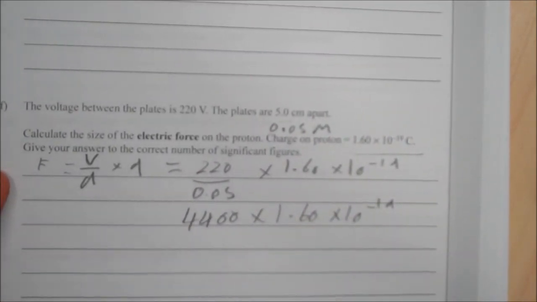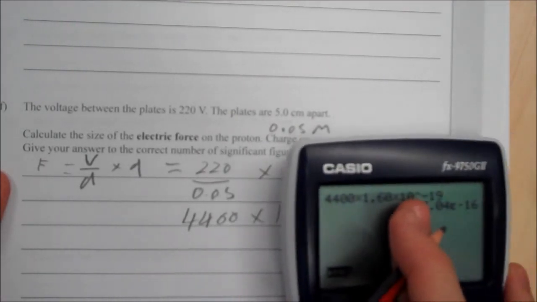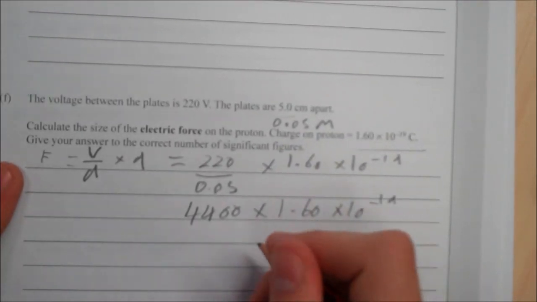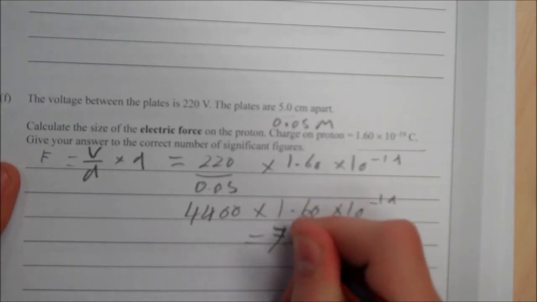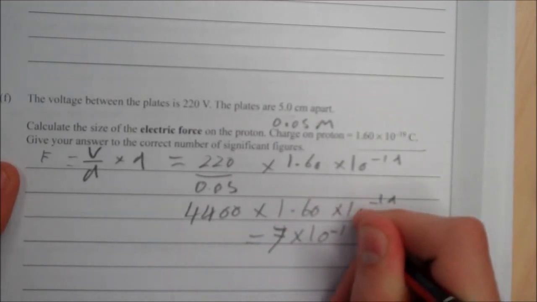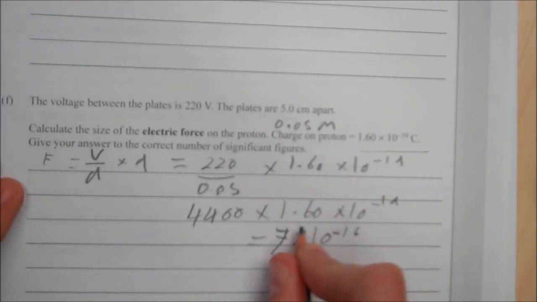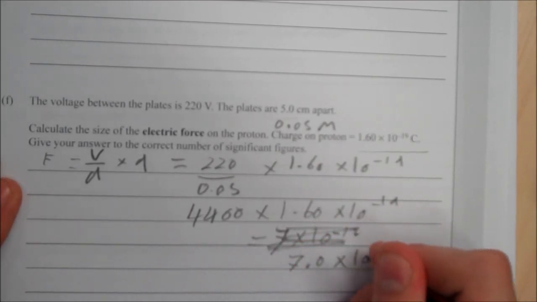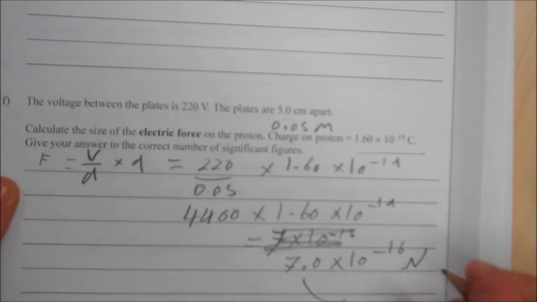So this is equal to 7.0 times 10 to the negative 16 newtons.